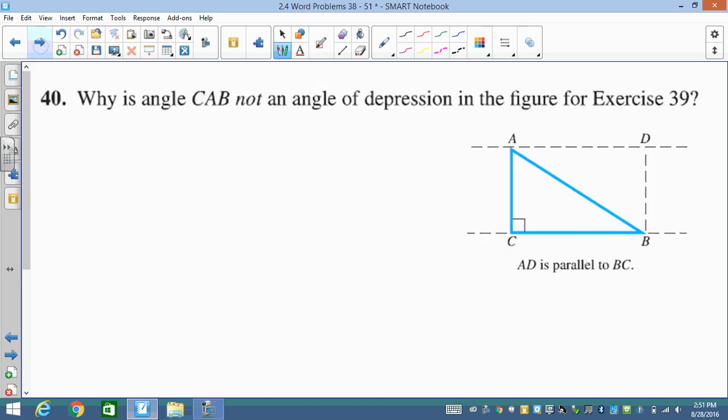Okay, the third concept question: why is angle CAB not an angle of depression in the figure for exercise 39? And that would be just the definition of angle of depression. It is a line of sight to a horizontal line.